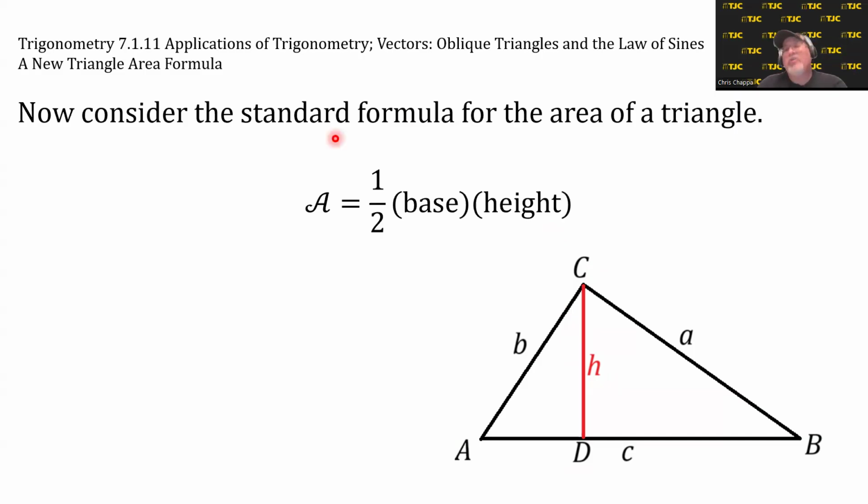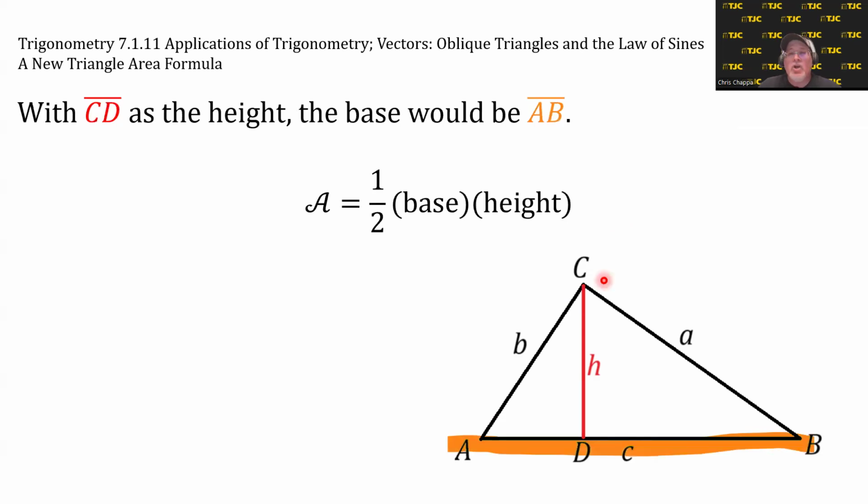Now consider the standard formula for the area of a triangle. We'll use the capital script A for area equals 1/2 base times height. With segment CD as the height, the base would be segment AB, highlighted in orange.